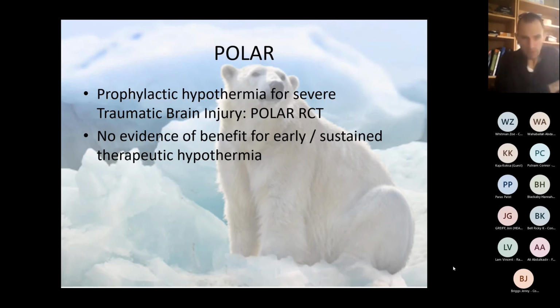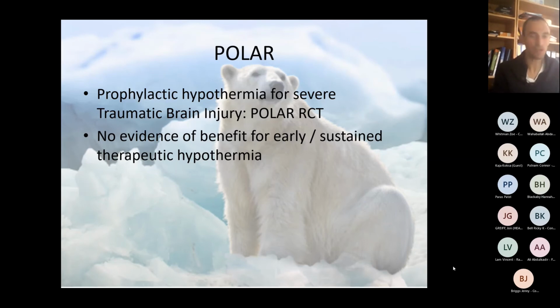So the elephant or polar bear in the room is therapeutic hypothermia. I haven't mentioned that because we don't do it anymore. When I was an SHO, we used to pretty much cool all of these patients and achieve a temperature of less than 35. Hypothermia was always interesting.